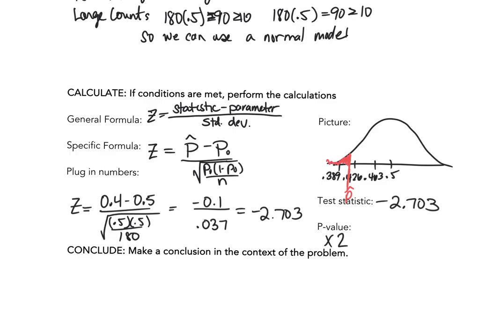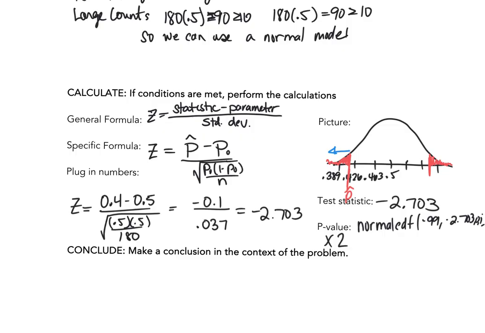But the not equal to depends on the sign of our test statistic. So because our test statistic is negative, and I want to find this area, I also, because it's two-tailed, am interested in the same area on the other side. That's what I'm going to multiply by 2 to find the sum of those two areas. And it's symmetrical. So it's normal CDF, negative 99, negative 2.703, and then we leave the 0 and 1 in there.